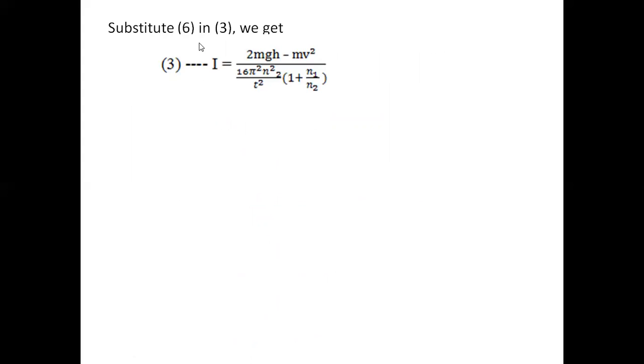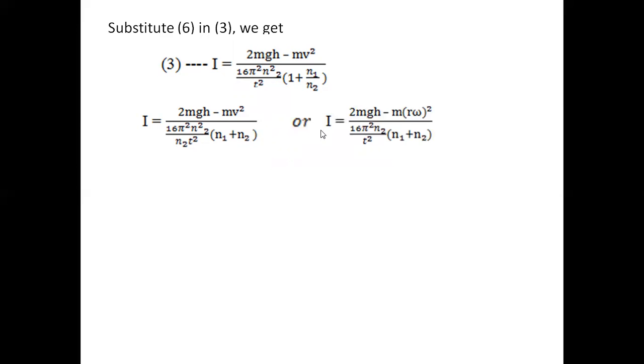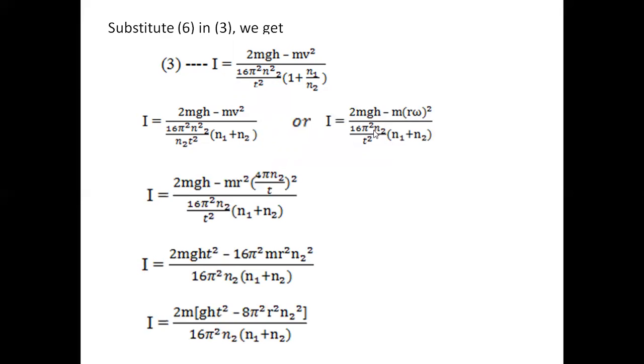Now substitute the value of omega from equation 6 in equation 3. Then I is equal to 2mgh minus mv square divided by omega square, that is 16 pi square n2 square by t square, into 1 plus n1 by n2. Taking the LCM, into n1 plus n2. Again, substituting v equal to r omega, I is equal to 2mgh minus m r square omega square divided by 16 pi square n2 square by t square into n1 plus n2.